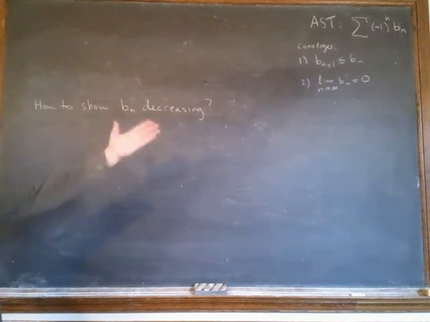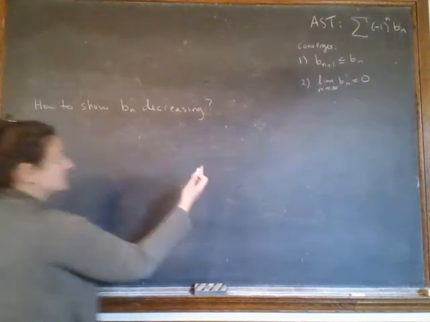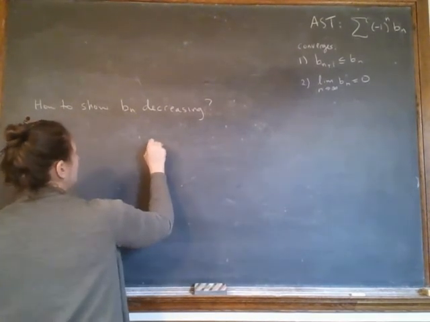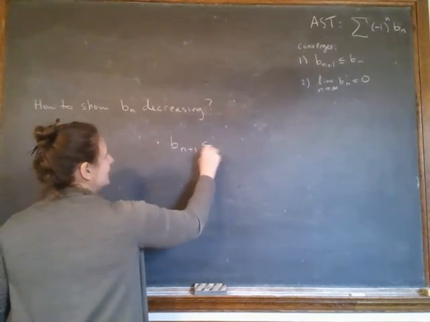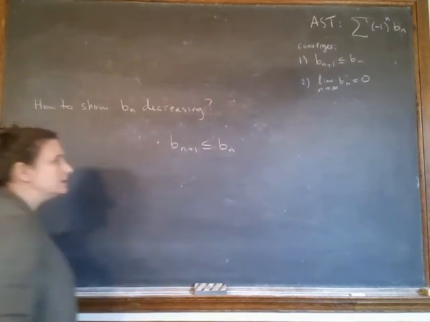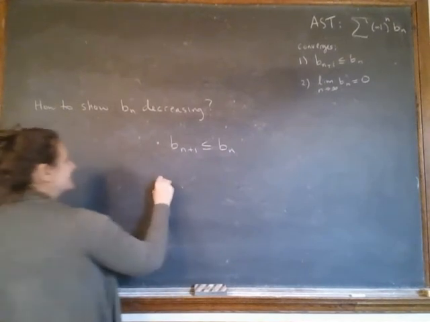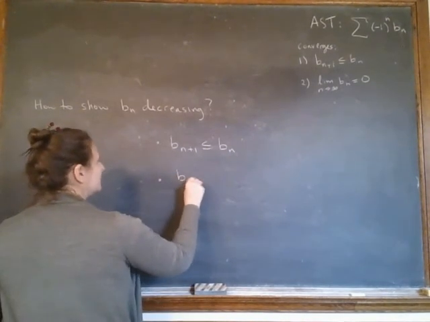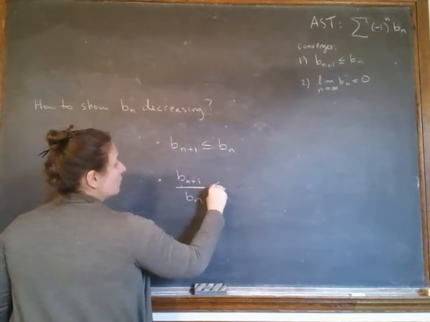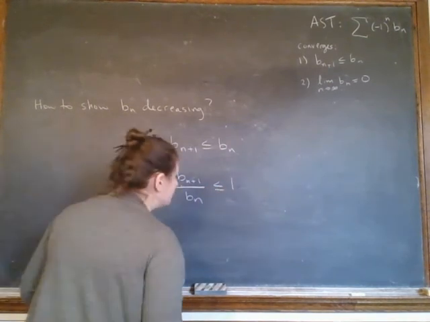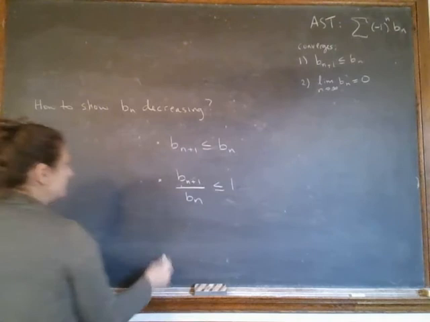Obviously, you can just simply show it like we've done in the last 2 examples. You can do showing that b_(n+1) is less than or equal to b_n. But you can also show slightly different ways. b_(n+1) over b_n is less than or equal to 1. That's sometimes good.